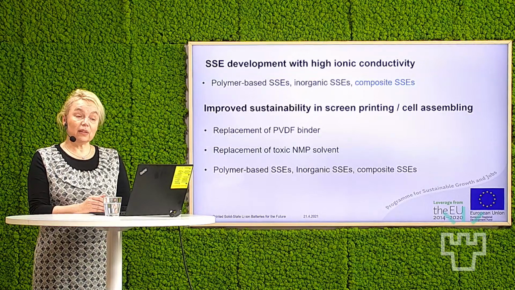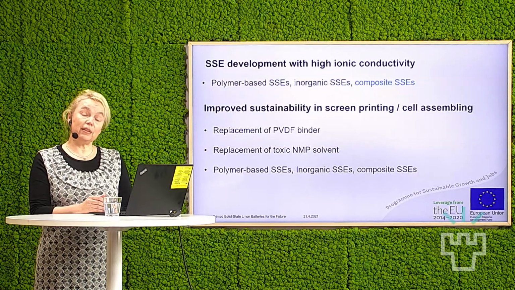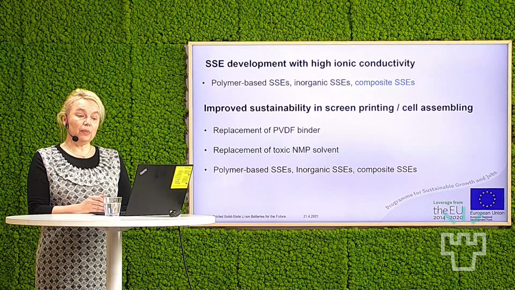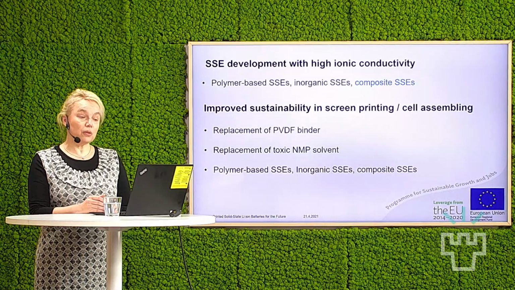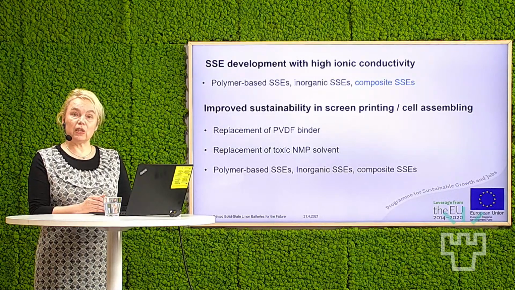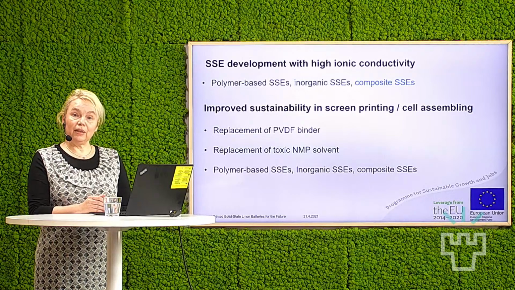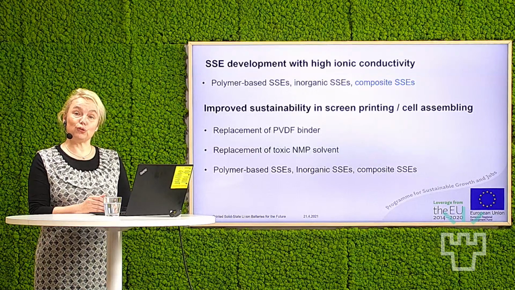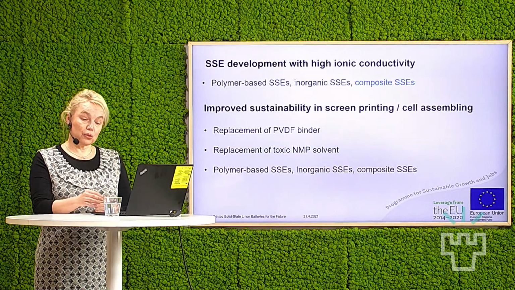Currently, it seems that our solution will be some type of composite solid-state electrolyte, which we will start to print in our cells. At the same time, during cell assembling and screen printing, we replace the harmful binders and solvents in the system and then replace the liquid electrolyte with that semi-solid or solid powder, which is coated on a cathode surface.